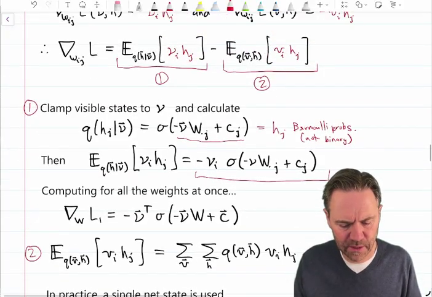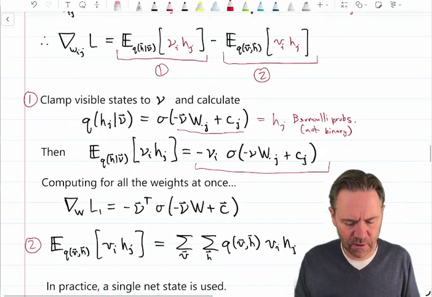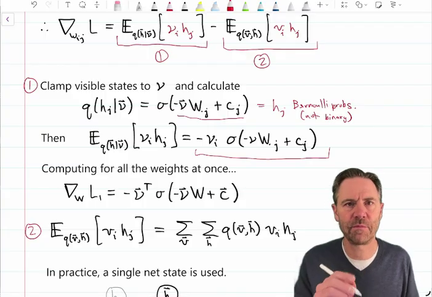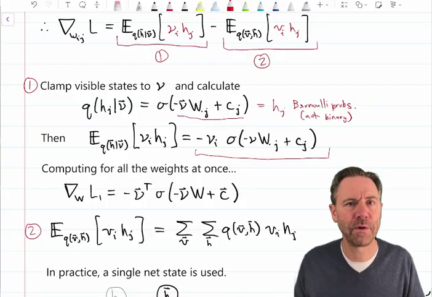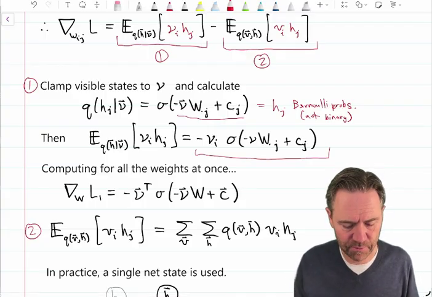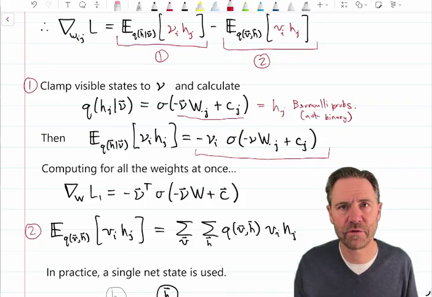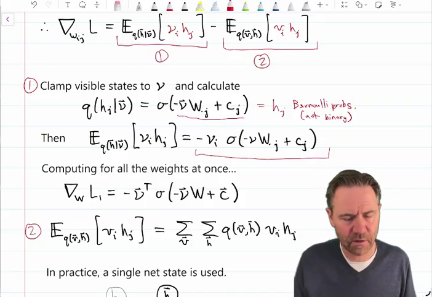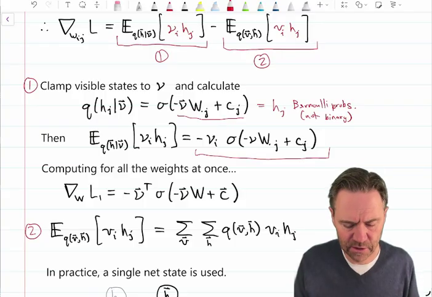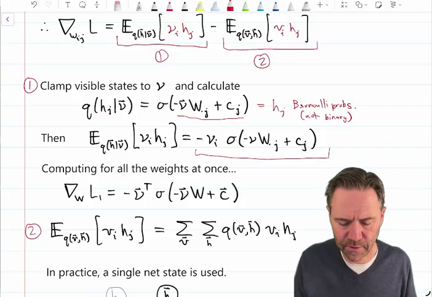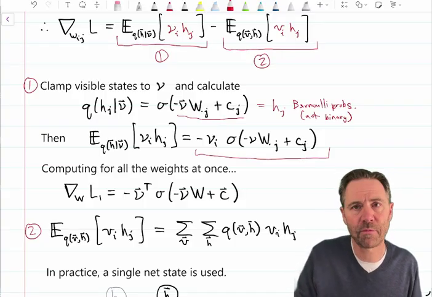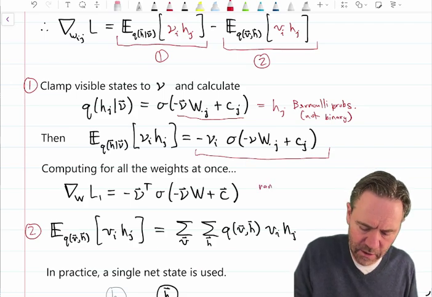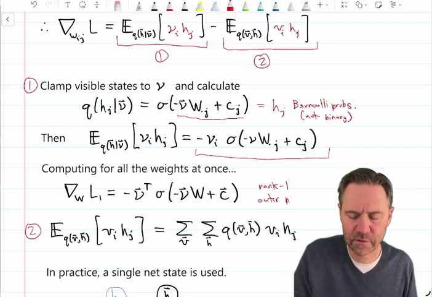The second term is, sorry, I skipped a step here. We can compute all those weights at once using a vector matrix sort of notation. So we take the whole clamped vector V transpose, times the vector of H probabilities, and this is an outer product. It's a rank 1 outer product.